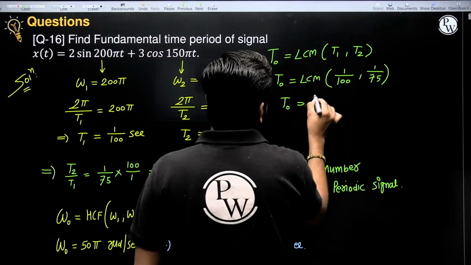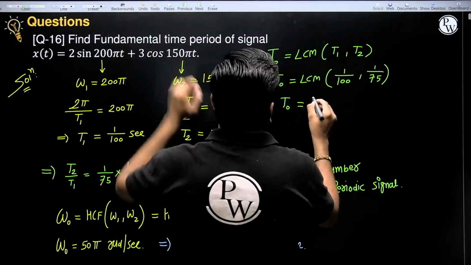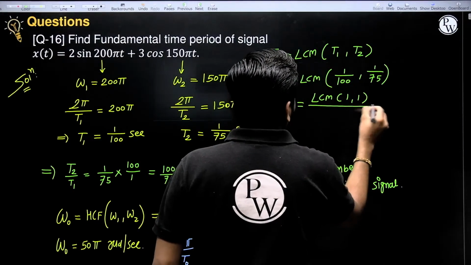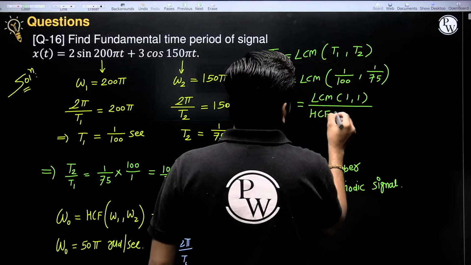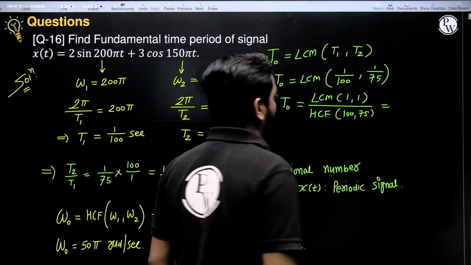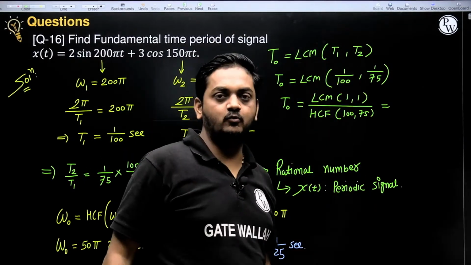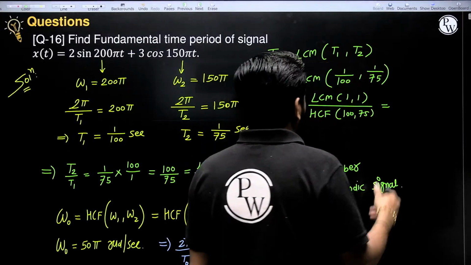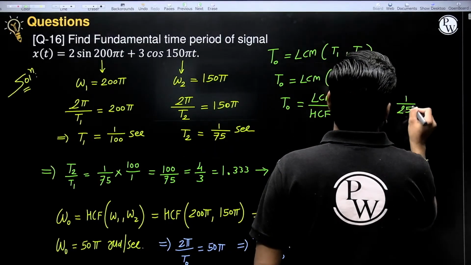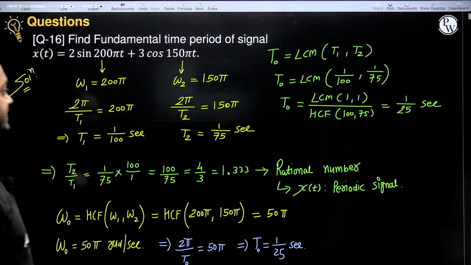The method, already known to you, is the LCM of the numerators and the HCF of the denominators. Here the LCM is 1 and the HCF is 25. Again we got the same answer, 1 by 25 seconds.